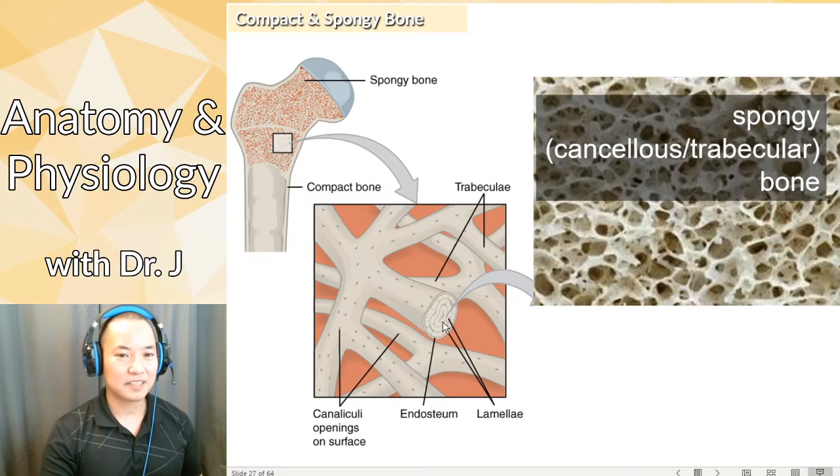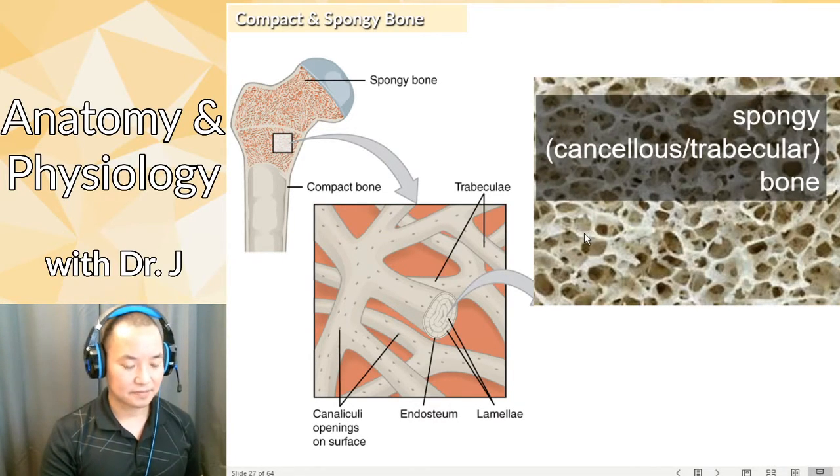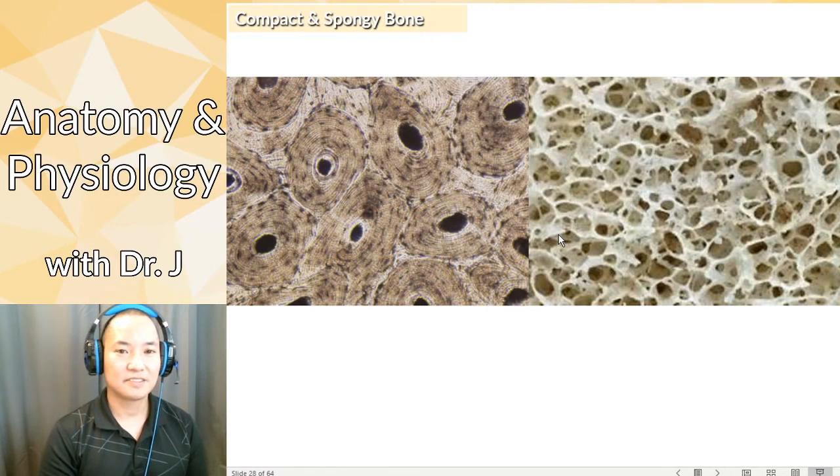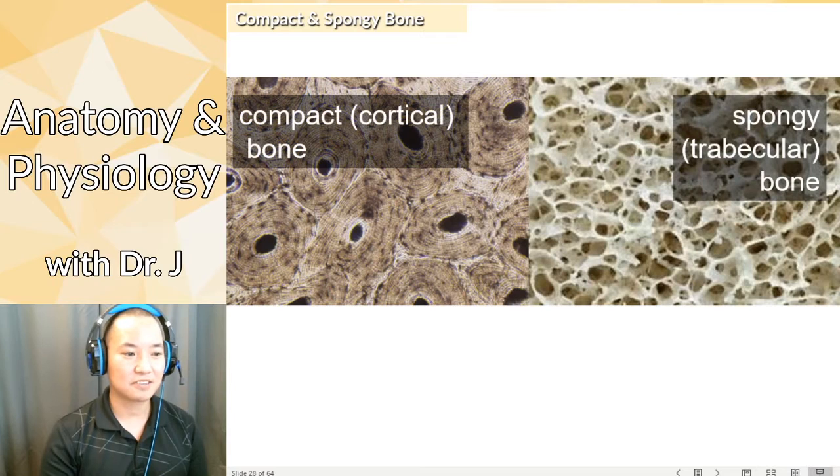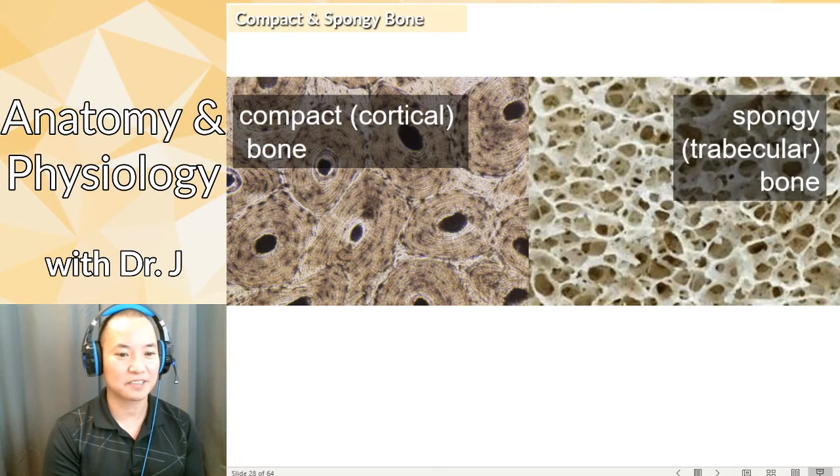So again, you still have lamellae, but they're not forming those tightly wound and tightly packed reels like we saw with the osteons. All right, so again, remember compact bone is also called cortical bone, and spongy bone is also called cancellous bone or trabecular bone.